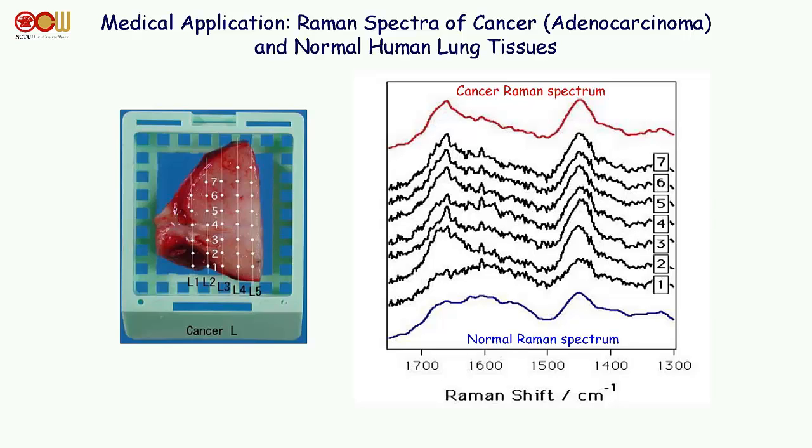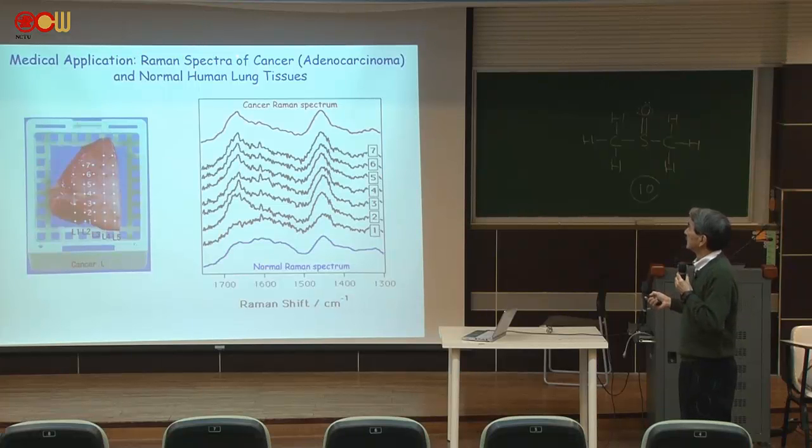So this is a medical application. And this shows the Raman spectrum of cancer and normal human lung tissues.